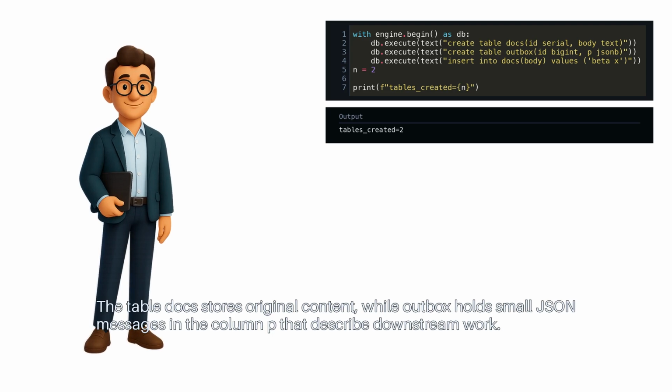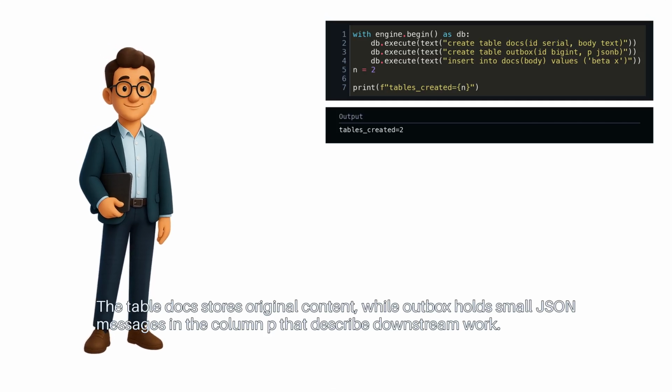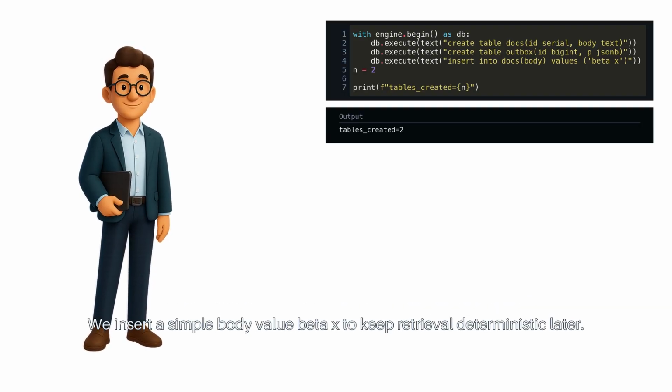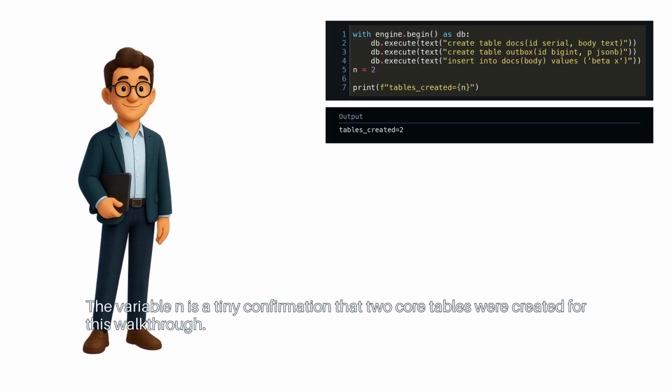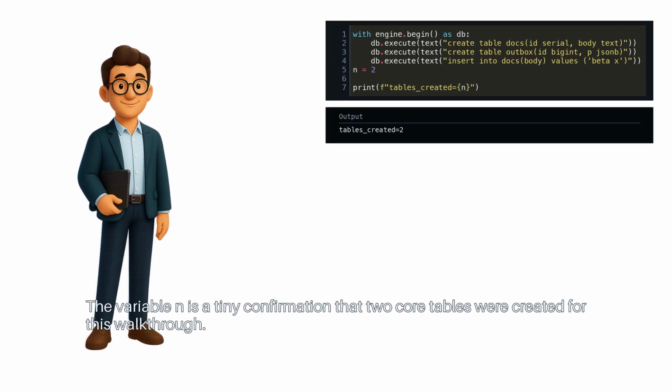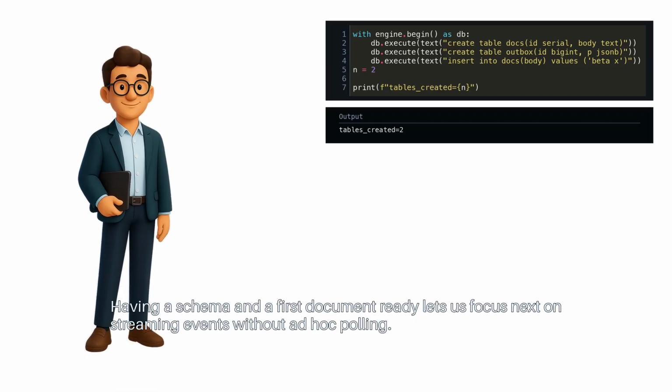The table docs stores original content, while Outbox holds small JSON messages in the column p that describe downstream work. We insert a simple body value, beta x, to keep retrieval deterministic later. The variable n is a tiny confirmation that two core tables were created for this walkthrough. Having a schema and a first document ready lets us focus next on streaming events without ad hoc polling.